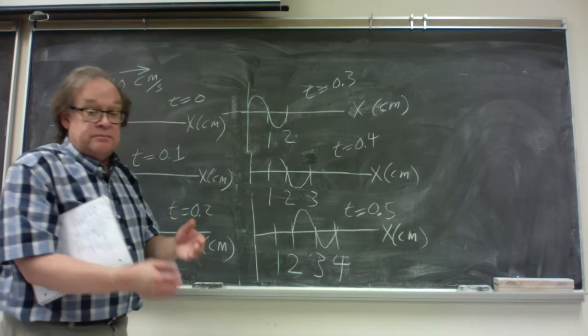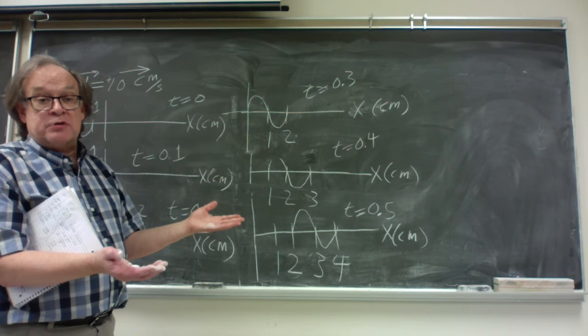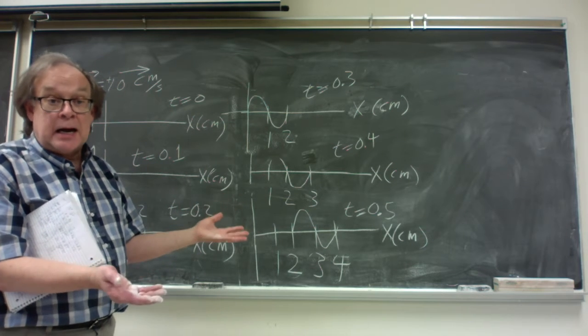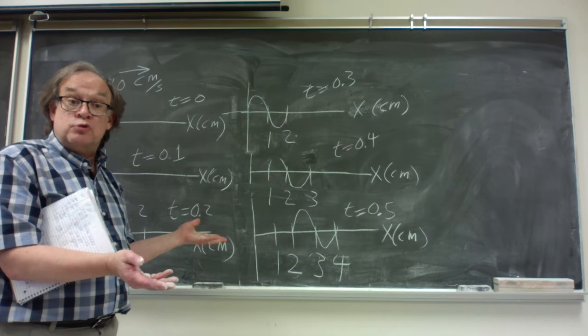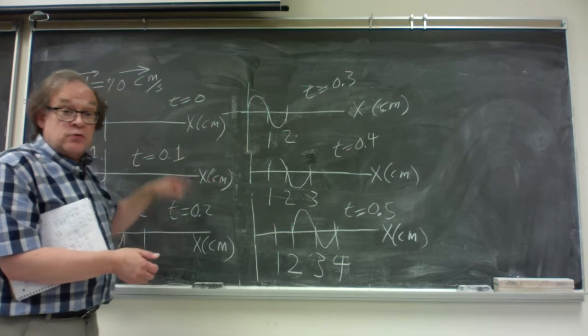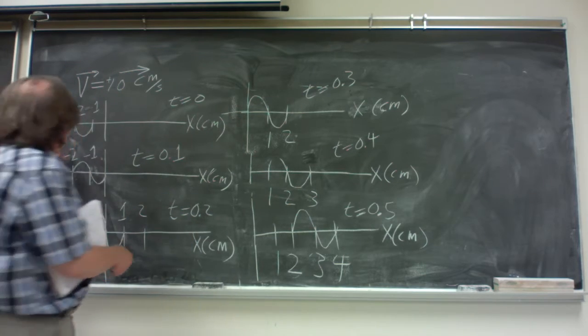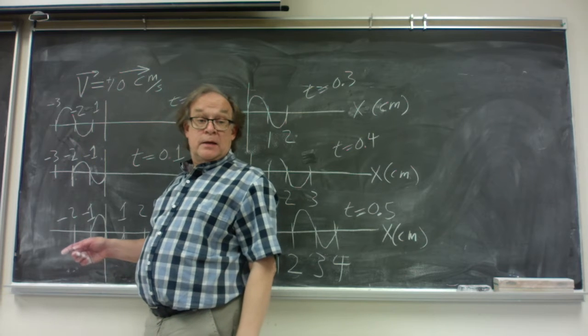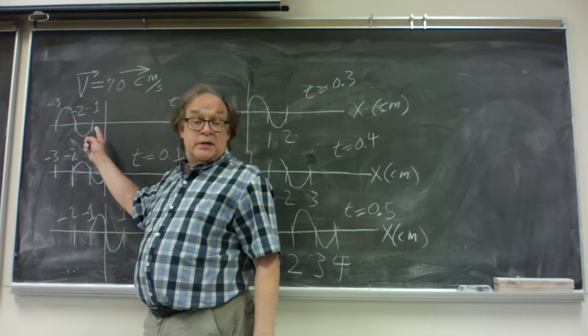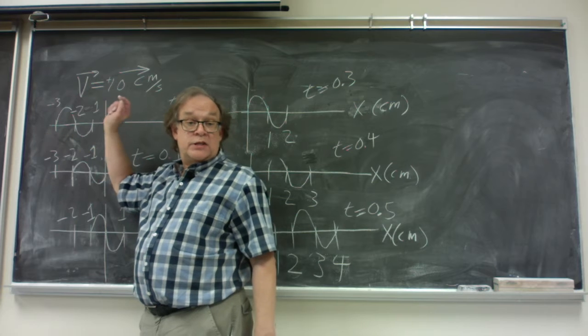So in each snapshot graph, you have to identify a particular time when that snapshot shows the way the system looks. For example, at time 0, here's our pulse right here, 2 centimeters wide and extending from -1 to -3 centimeters.